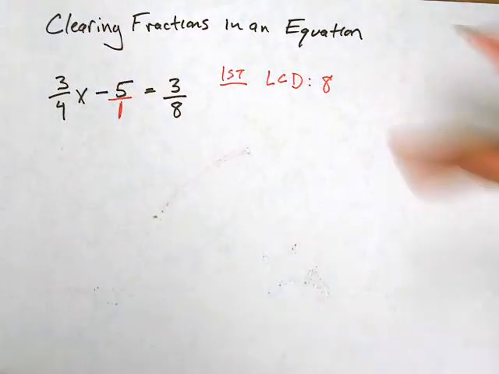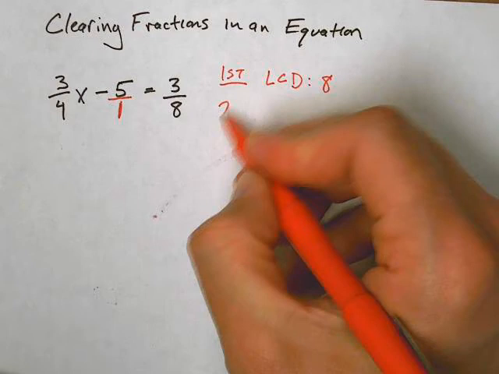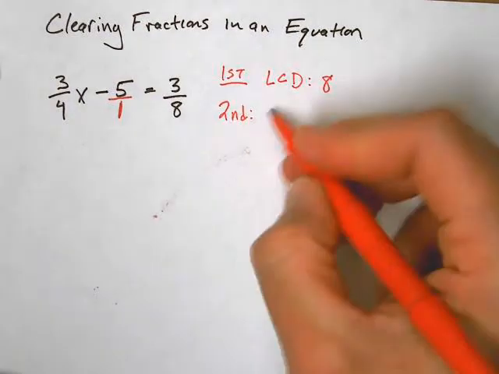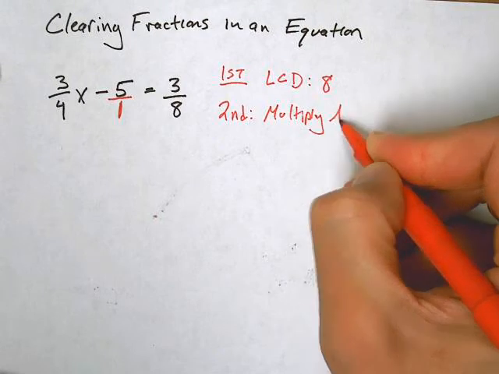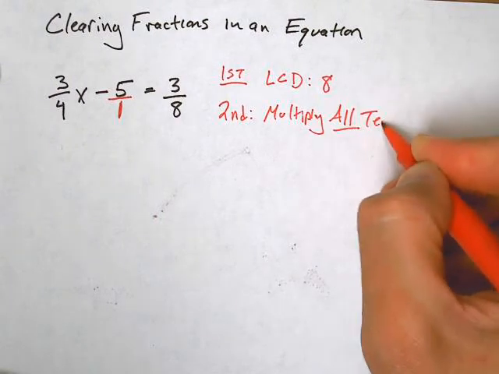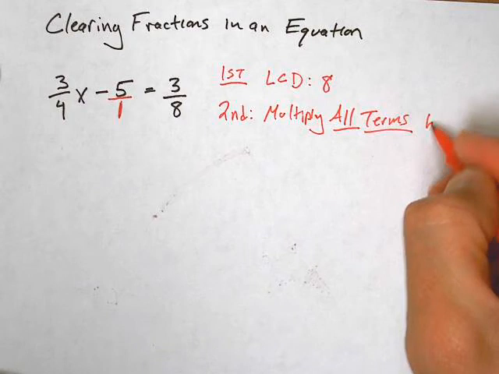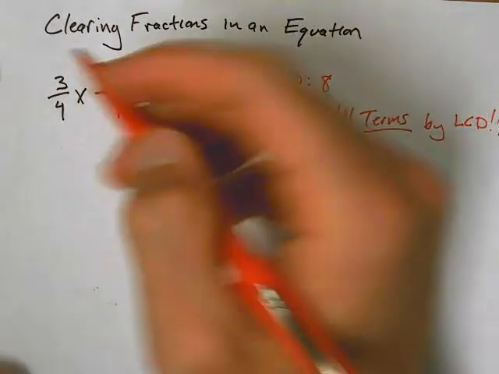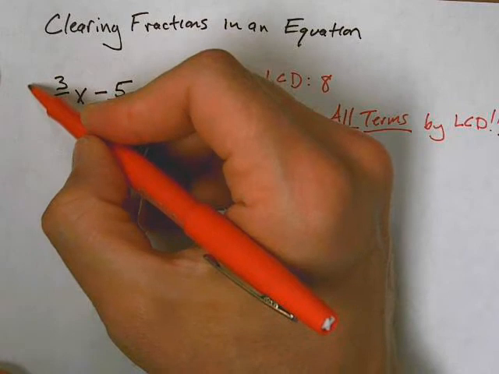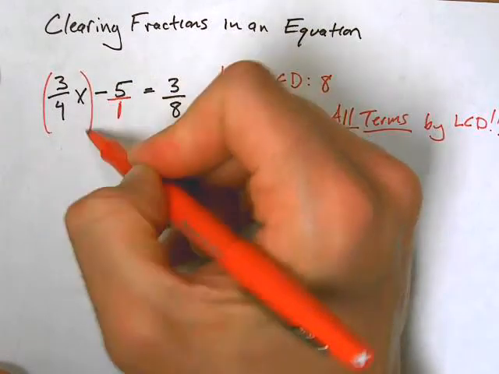So if the LCD is 8, all I'm going to do, as my second step, is multiply all terms by the LCD. So this is what it's going to look like. I'm going to multiply this first term by 8.